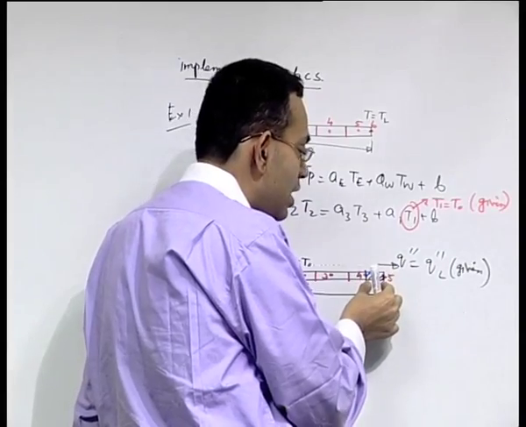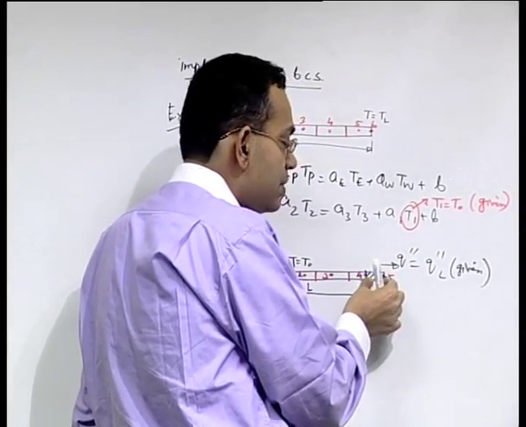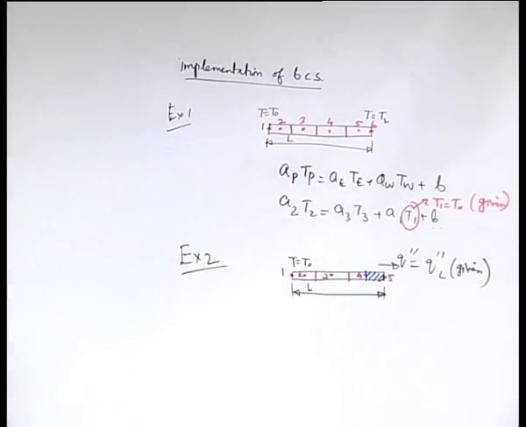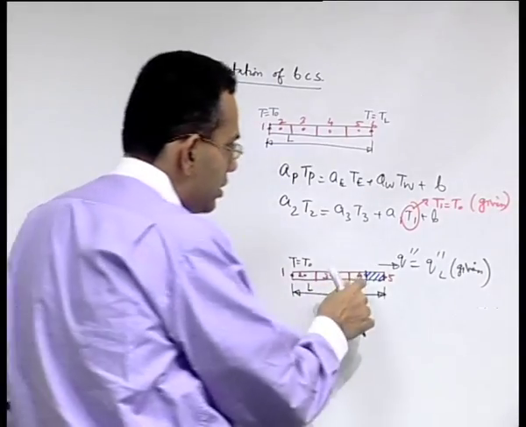If you take a smaller length you can capture the gradient more sharply. So, this is the control volume.